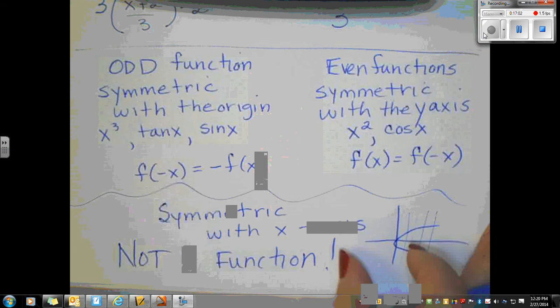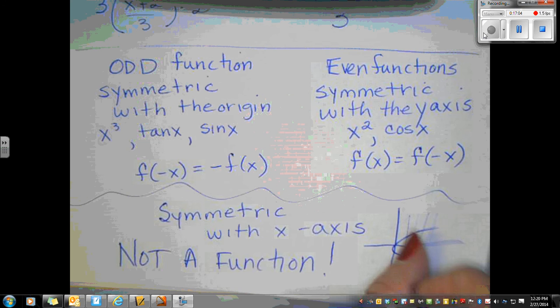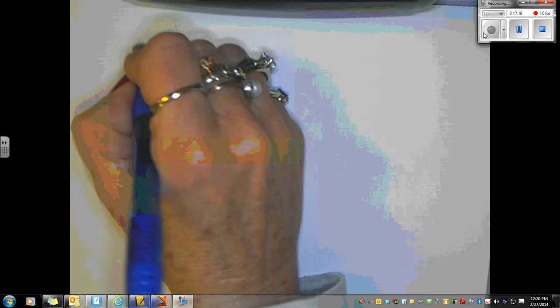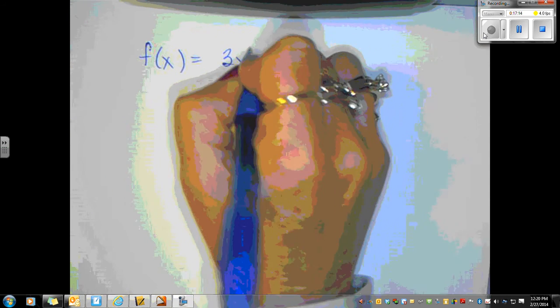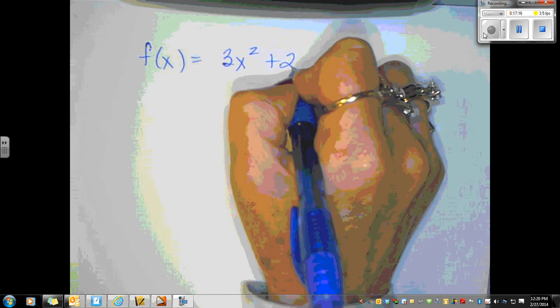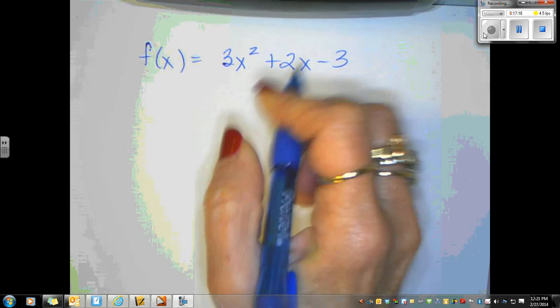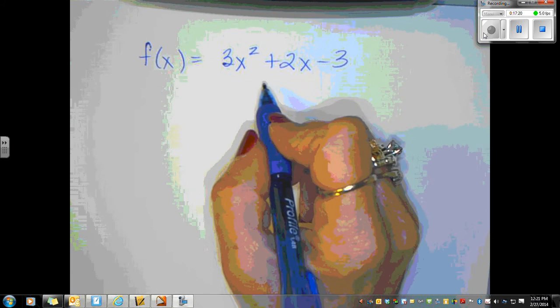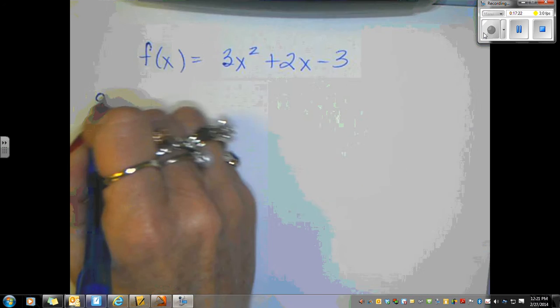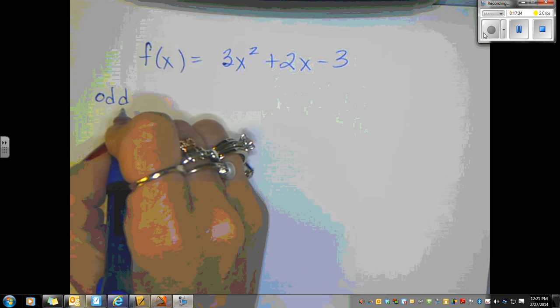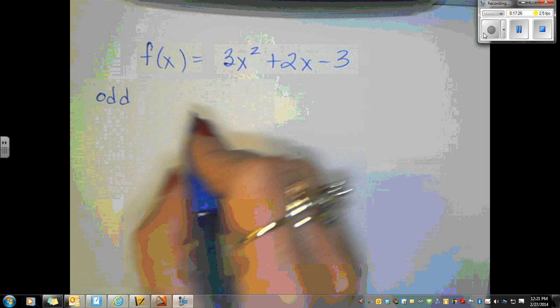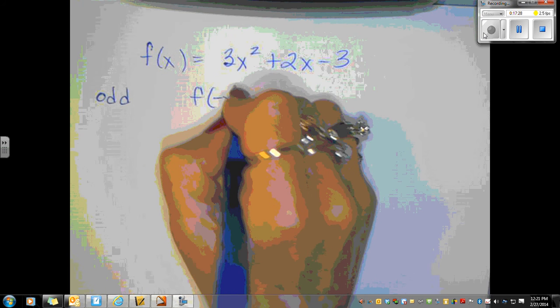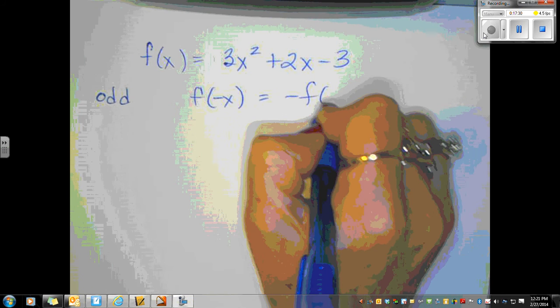Okay, let's talk about, is this function odd, even, or neither? F of x equals 3x squared plus 2x minus 3. Odd, even, or neither? Okay, if we wanted to test odd, we would say f of negative x equals negative f of x.